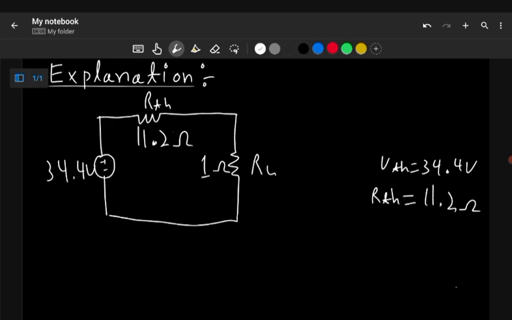Now we can easily find the current IL across RL. All we need to do is find the equivalent resistance of this circuit, Req, which would be equal to 11.2 plus 1, equal to 12.2 ohms.